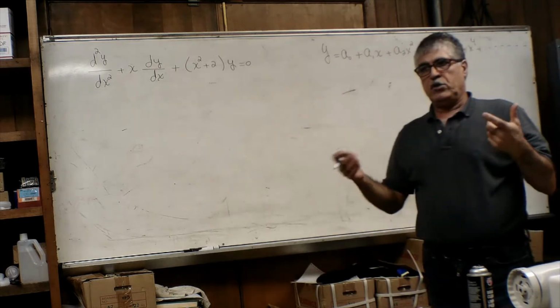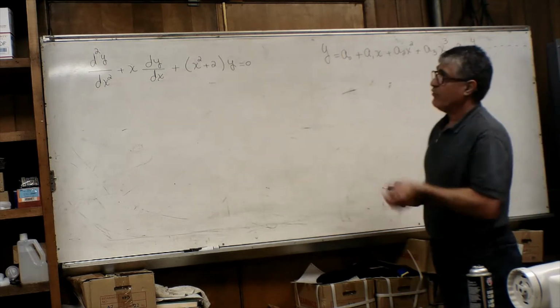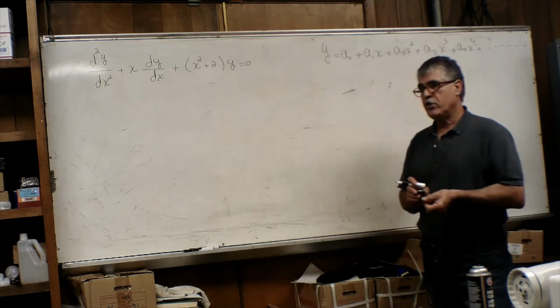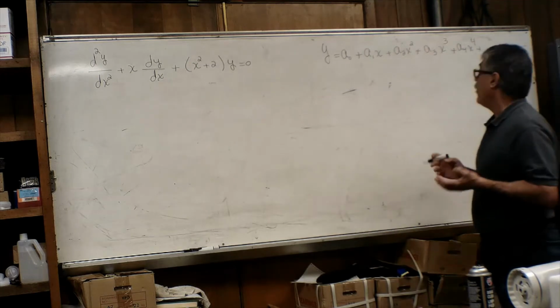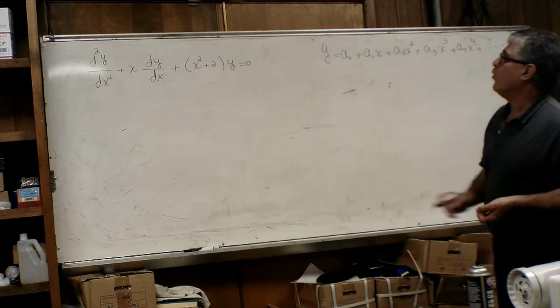Then when solving a real problem, the boundary conditions or initial conditions would let us find out the values for our a0 and a1.